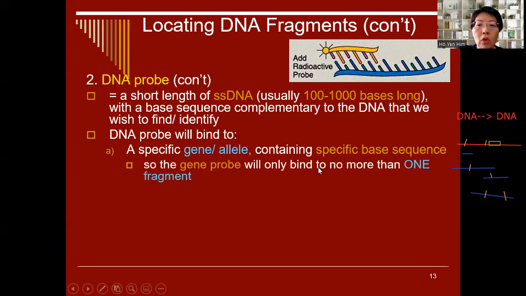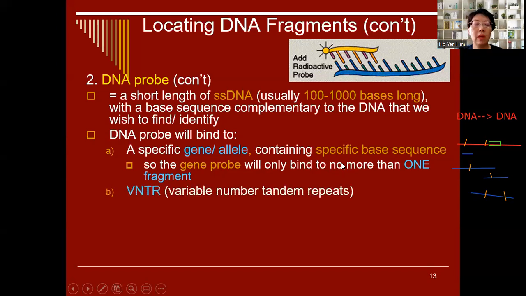So the gene probe will only bind to no more than one fragment. Now, DNA probe can bind to the gene. DNA probe can also be designed to bind to the VNTR region. VNTR stands for variable number tandem repeats. What is this? I will elaborate more later on.